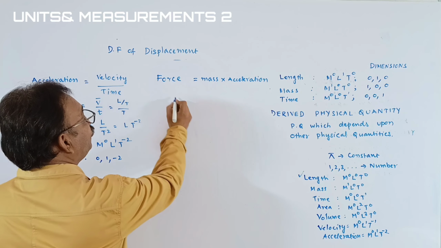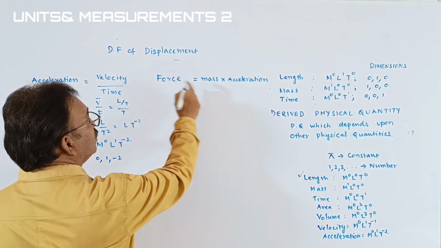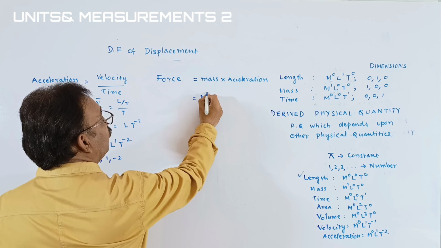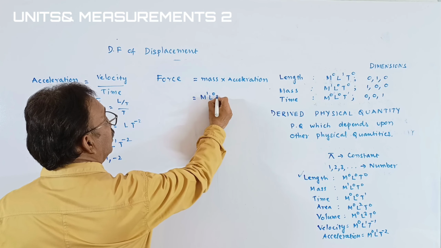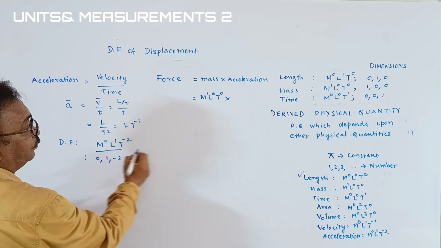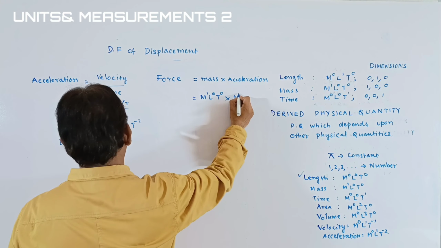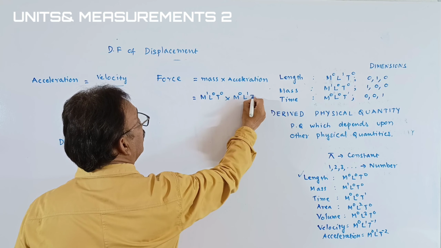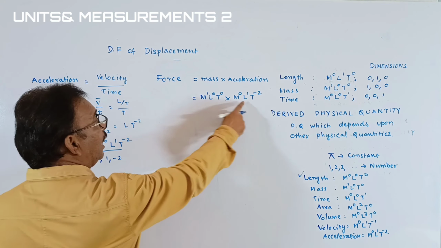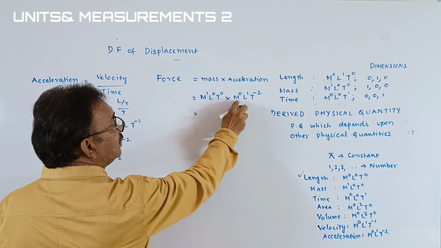The dimensional formula of force is what? Mass means, as you learned, M1 L0 T0. For acceleration, we are borrowing from here: it is M0 L1 T inverse 2. Okay, students. Then we can write the dimensional formula; these are the bases.